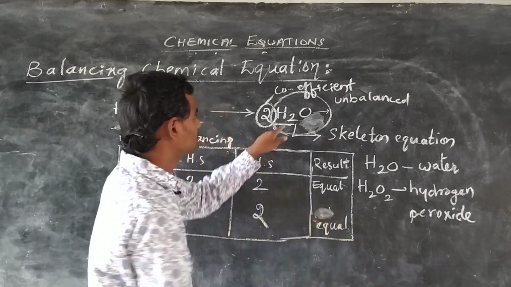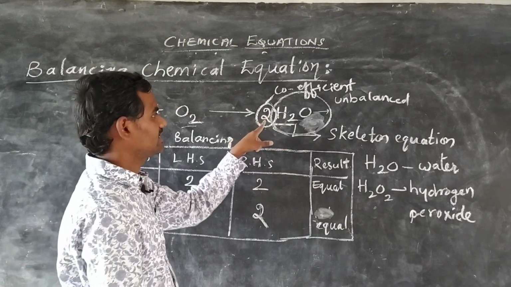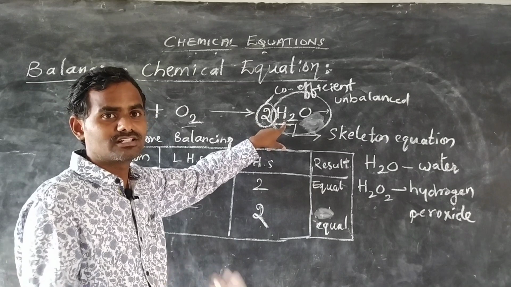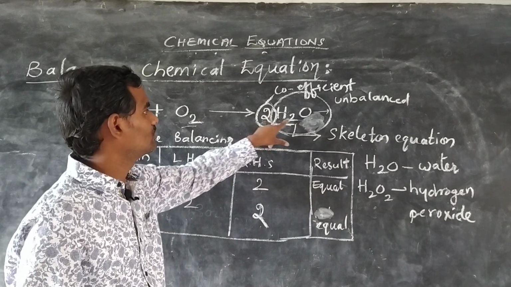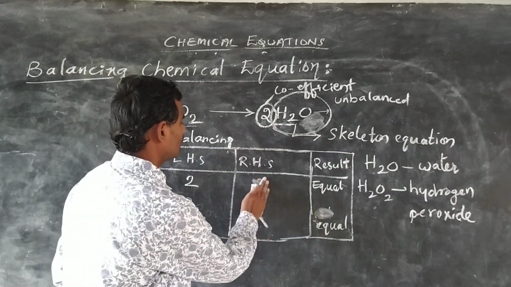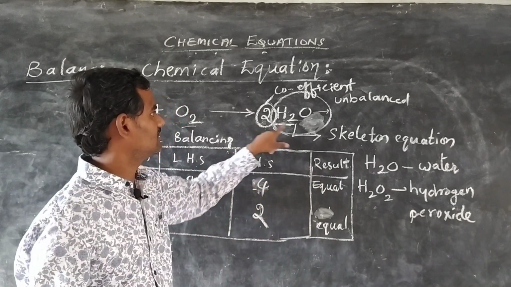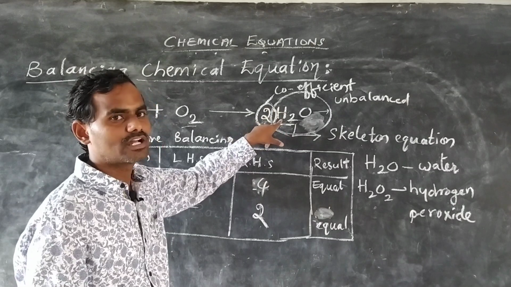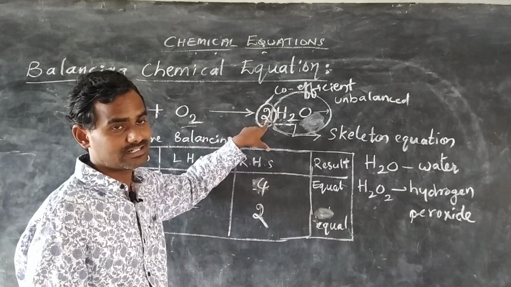Now observe hydrogen. When we keep the number 2 here, the number of hydrogen atoms changes again: 2 into 2, which means 4 hydrogen atoms are present on the product side, the right hand side.